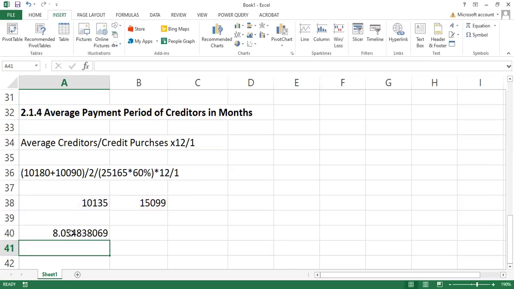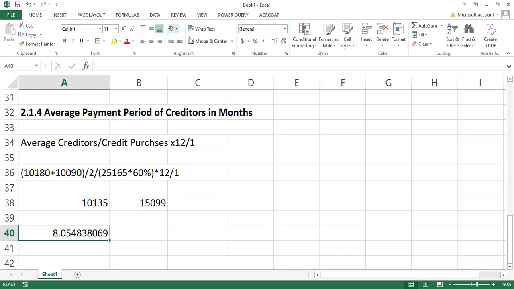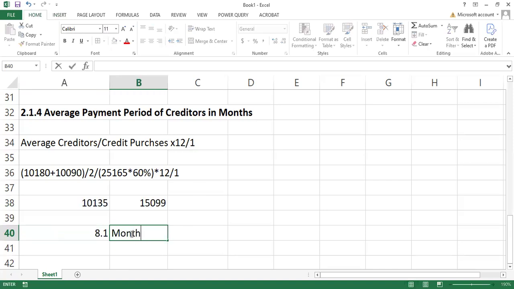It's 8 months, not days, because we're talking of months. So here they said that they want 1 decimal. So I need to go to home, then I decrease the decimals. Then I must write months. We are done with this.